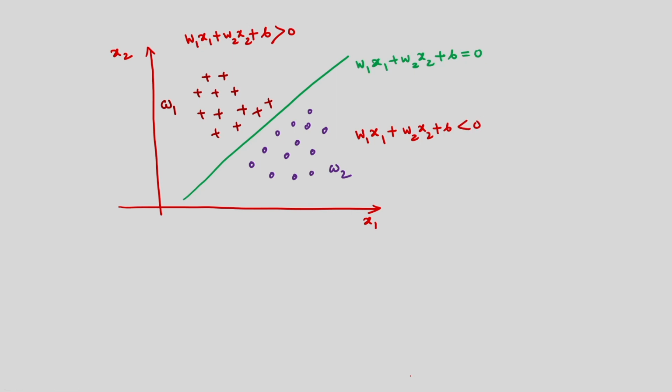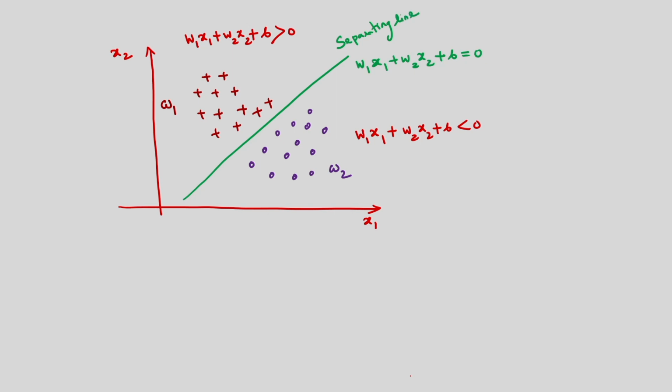So you can see, based on these conditions I can take a classification decision. So this is a separating line in two-dimensional feature space.